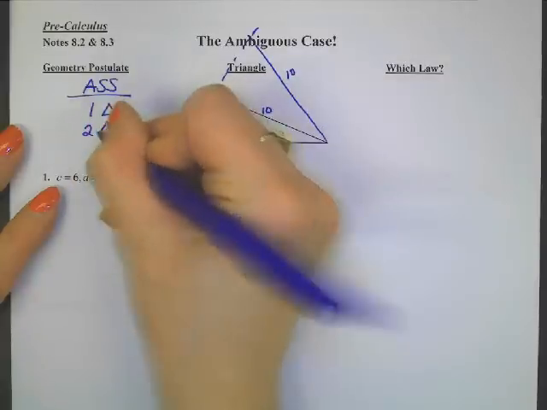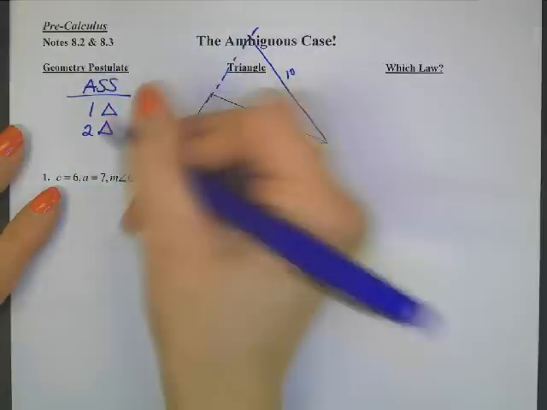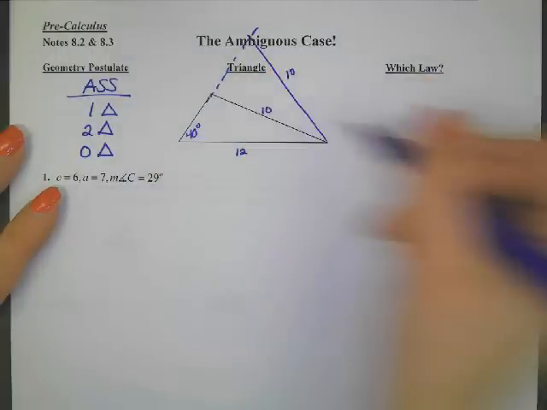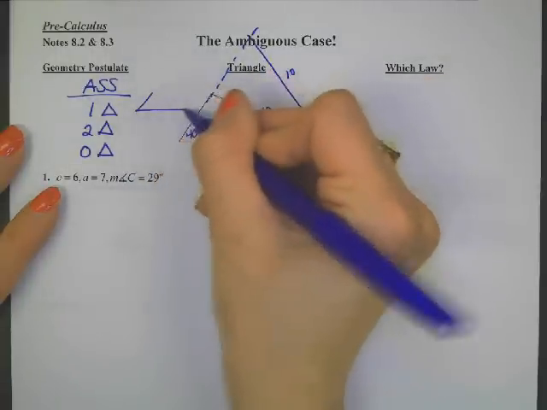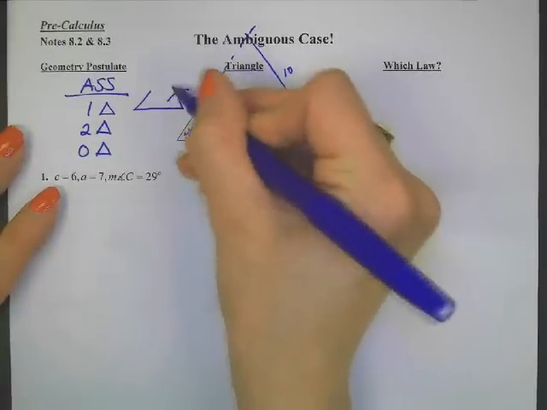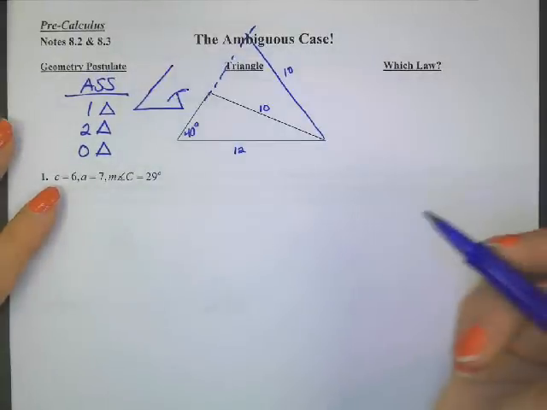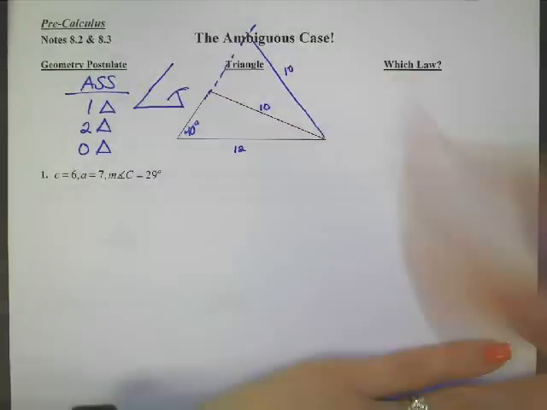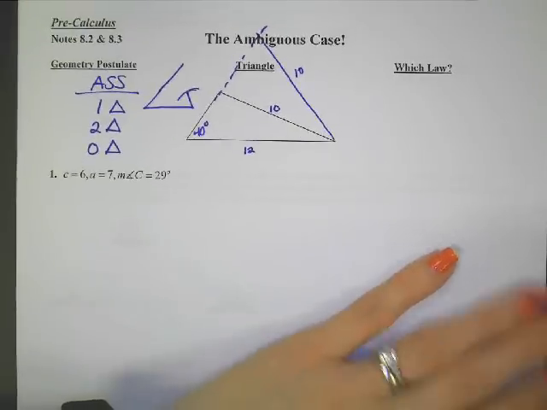Sometimes you get two triangles that could be formed like this, or sometimes you get 0 triangles. For example, what if you had a 40, a 12-inch side, and then a 3-inch side, and it just doesn't reach no matter which way you swing it. It's just never going to reach this third side. So angle side-side is not a postulate, and that is called the ambiguous case.